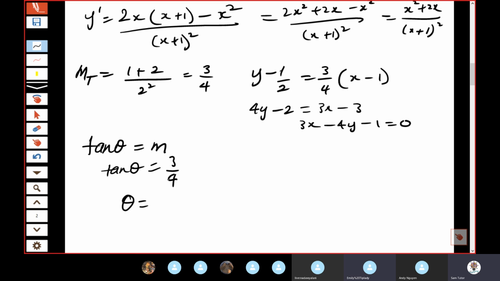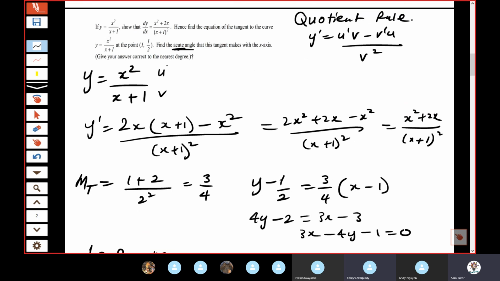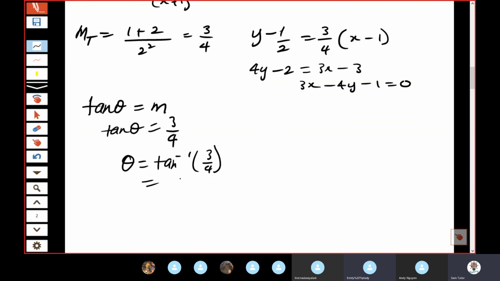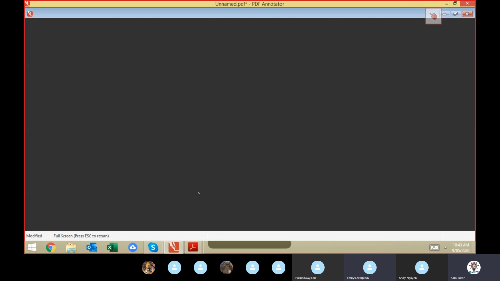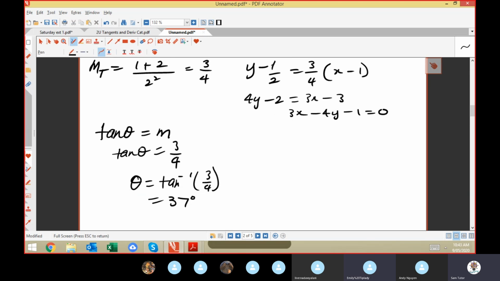You just put tan inverse of 3 over 4 in the calculator. 36 point what? Nearest degree. 36.87 degrees, so it should be 37 degrees. That's how easy that one is. It's just a matter of remembering tan theta is equal to m.